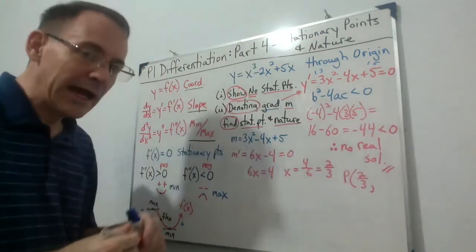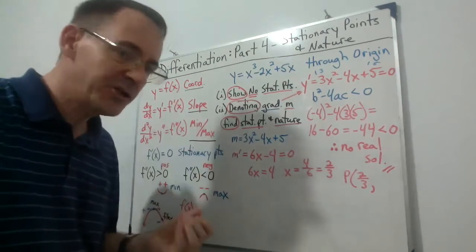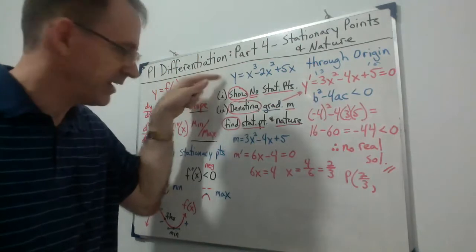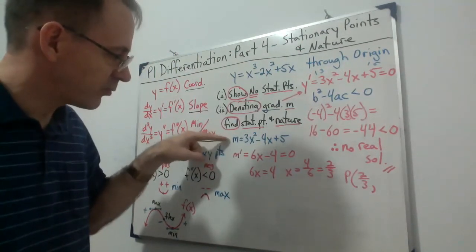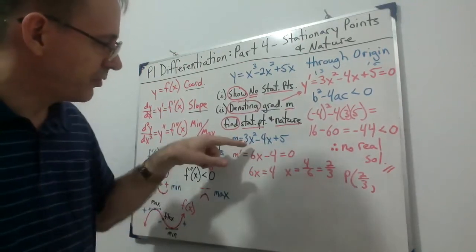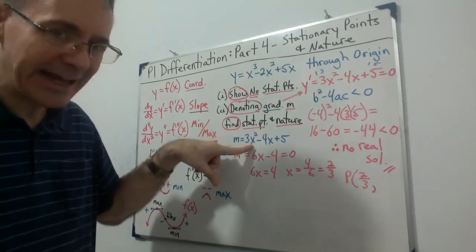And to get the y value, we plug it into the original, being the original m, not the original f of x, because they redefined it here. So here's our original function for the m here. So we plug 2/3 in here. 2/3 squared is 4/9.